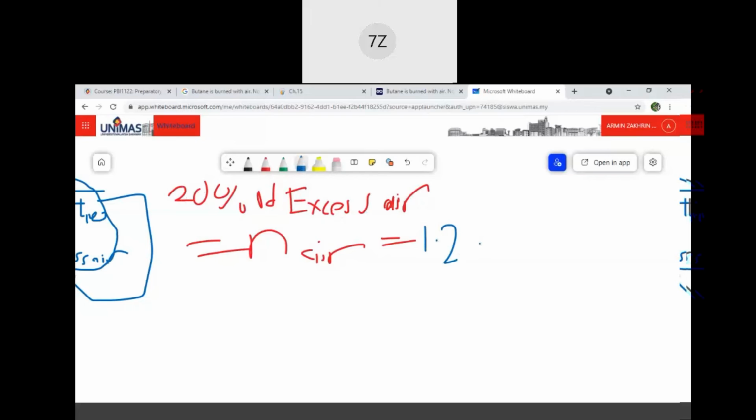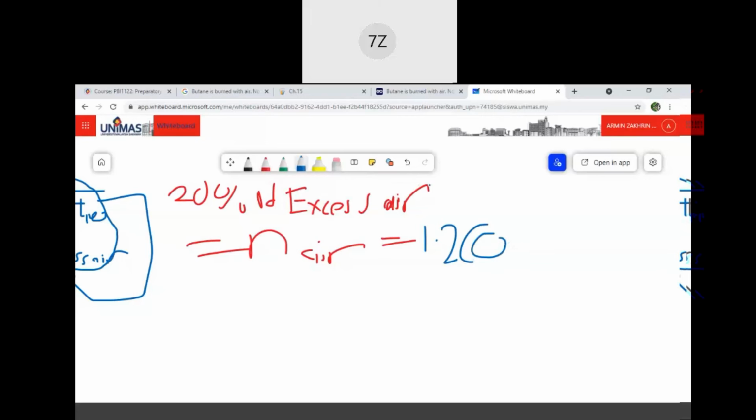Then you multiply with the number of mole of oxygen from the previous answer.